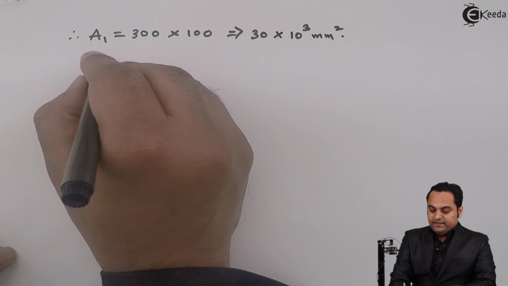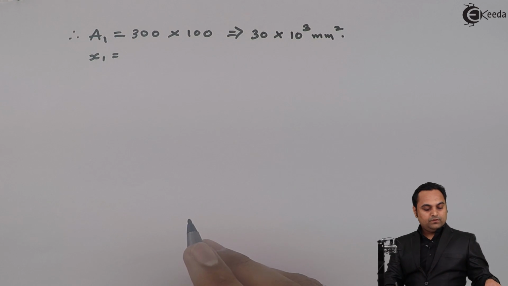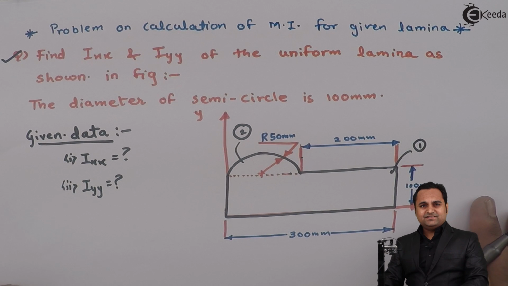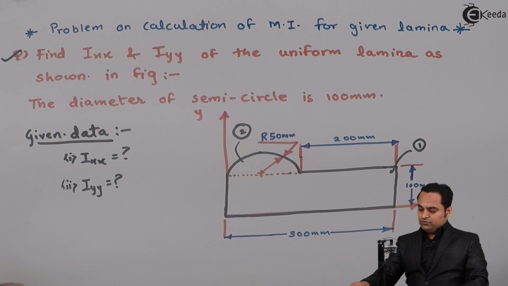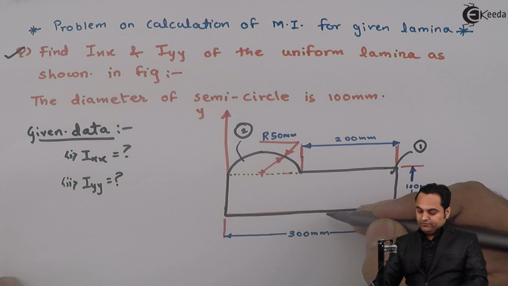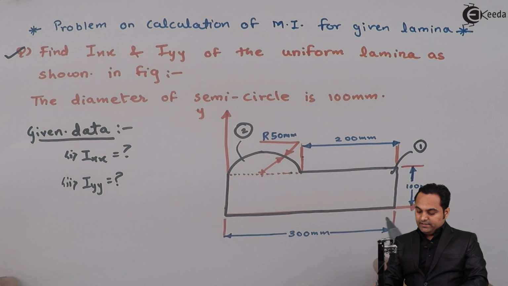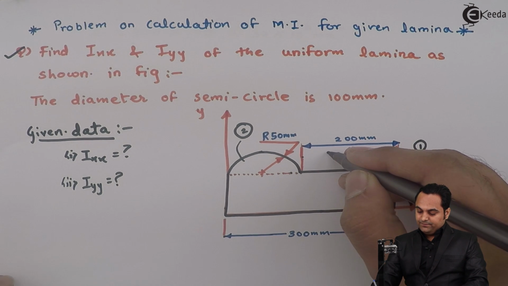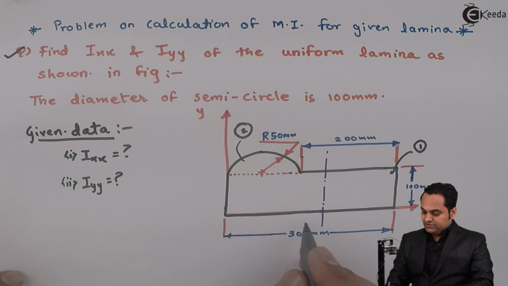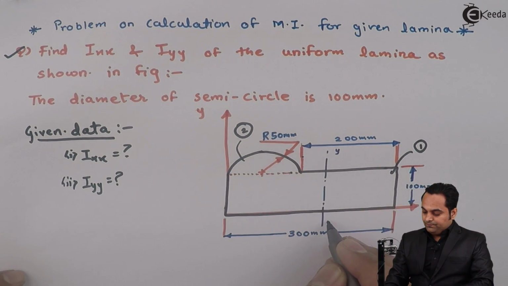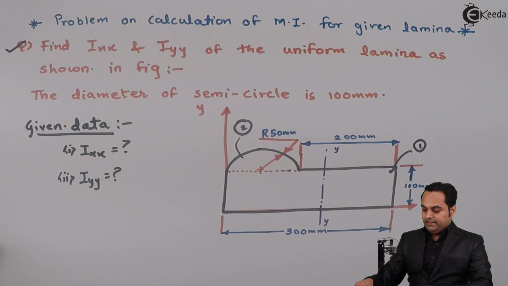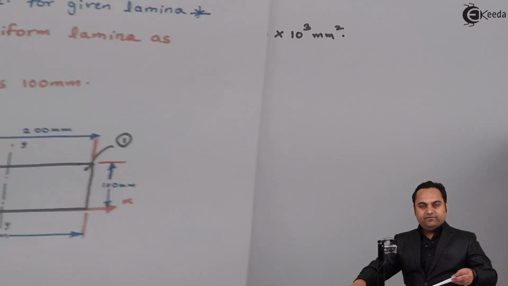Next, x1 is the location of y-axis for the first figure, so the y-axis for the first figure will be at half of 300. So this distance of the y-axis for first rectangle, that will be x1, and x1 comes out to be 150.